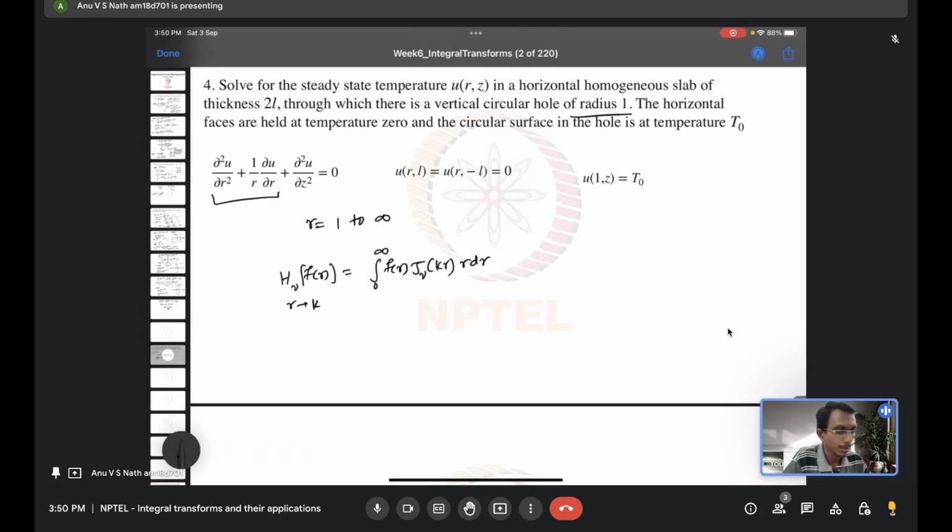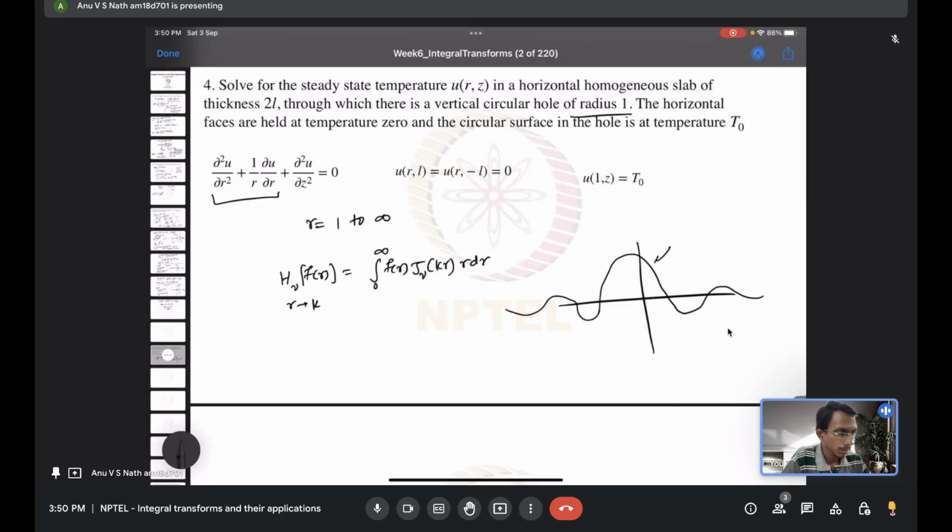Sorry, I made a mistake. So these j nu, let's say j0, j1, j2, integer orders or any other order, are one set of solutions. For a particular differential equation with nu fixed, you will get j nu of r as a solution. So if you plot them, let's say j0, j0 will look something like this.